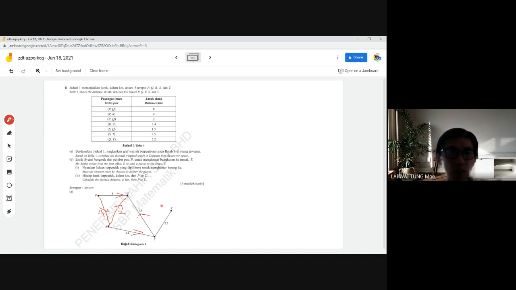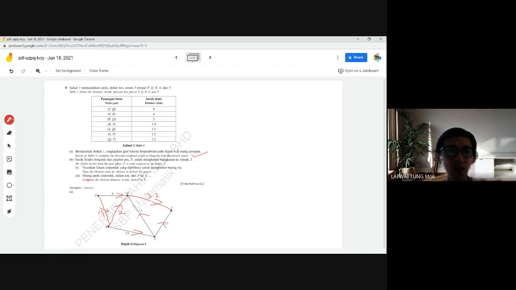And then ST, which is 2.5, so put the arrow for ST 2.5. And finally QT. You have to draw the straight line from Q to T and draw the arrow with the km being 3.2. Okay, so this should be your answer. Please pay attention to the question. If it is directed and weighted, then you have to put the arrow. So question A is done.